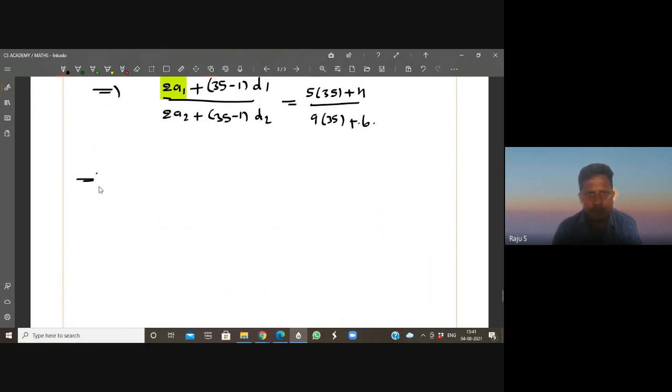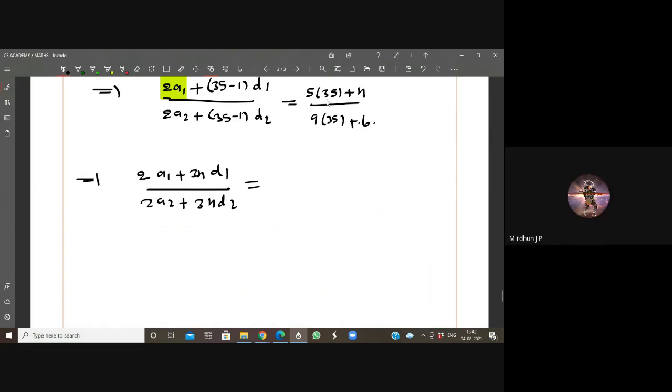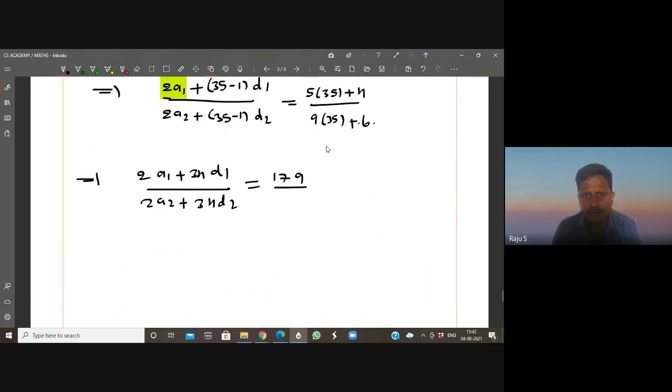So we are going to get 2a1 plus 34 into d1 by 2a2 plus 34 into d2. The right side: 5 into 35 is 175 plus 4, 179.